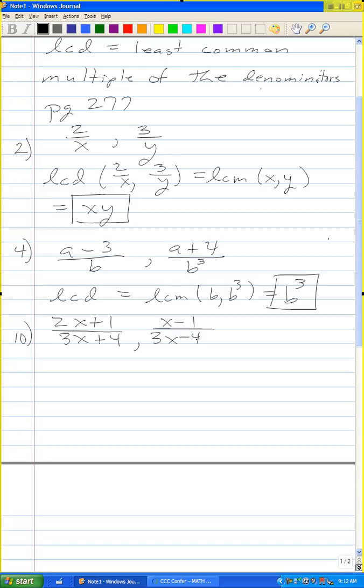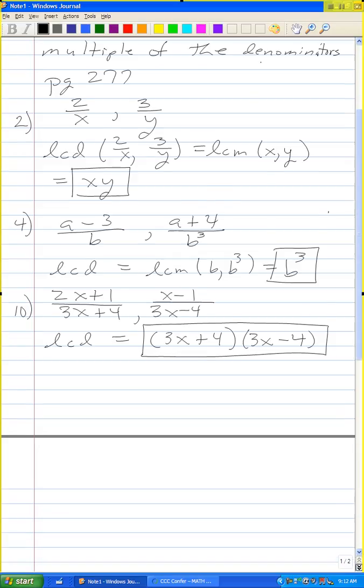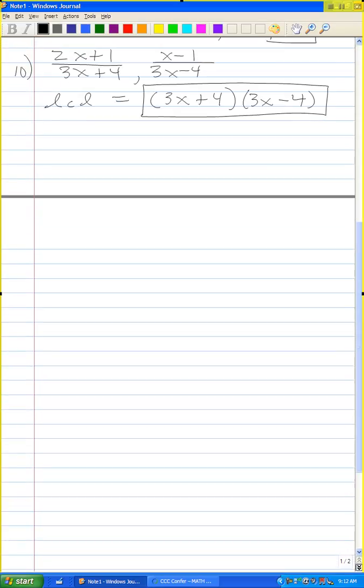And so the least common denominator in this case is just going to be the product of 3x plus 4 and 3x minus 4, because each of these are relatively prime. So the least common denominator is found by just multiplying these two denominators together.